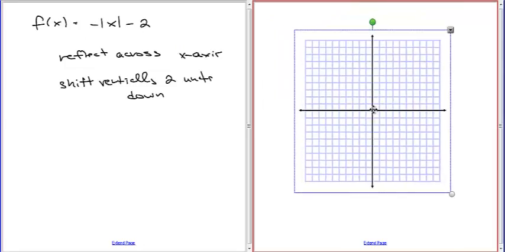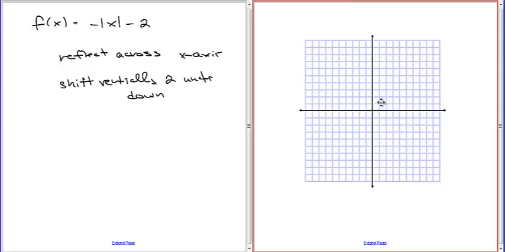So our parent function for the absolute value is just a straight line in this direction and then going up that way. So it's like y equals x, but it has this V shape to it. So the first thing we do is we reflect across the x-axis. So instead of going up, we go down like that. And then we move it 2 units vertically.